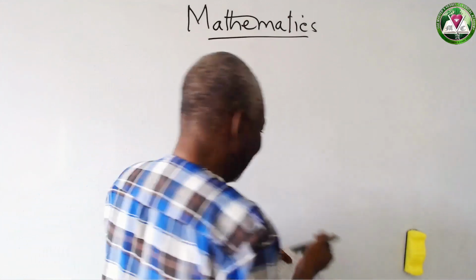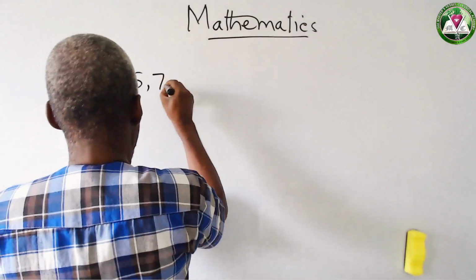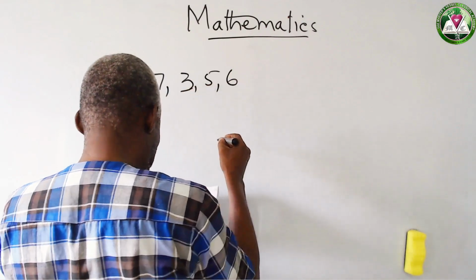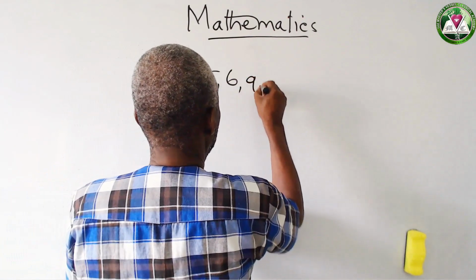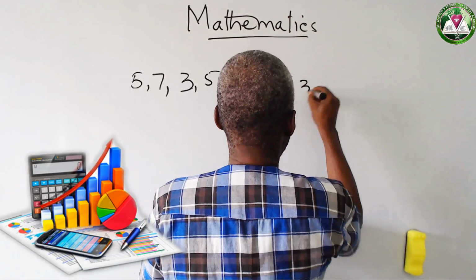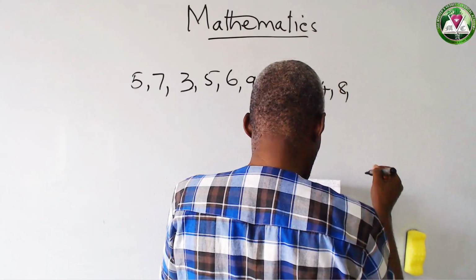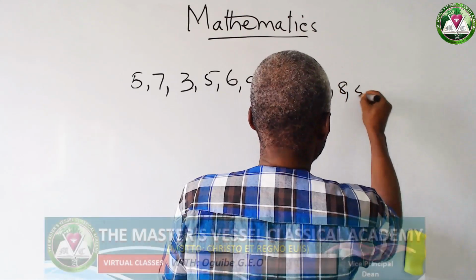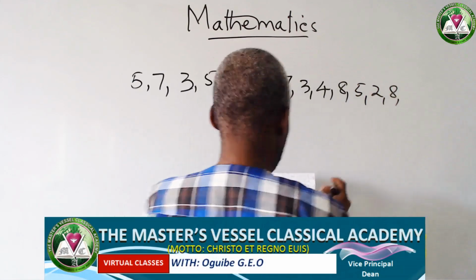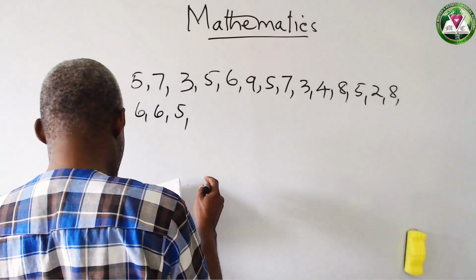Let's take it. The listing. Six. 8, 4, 5.